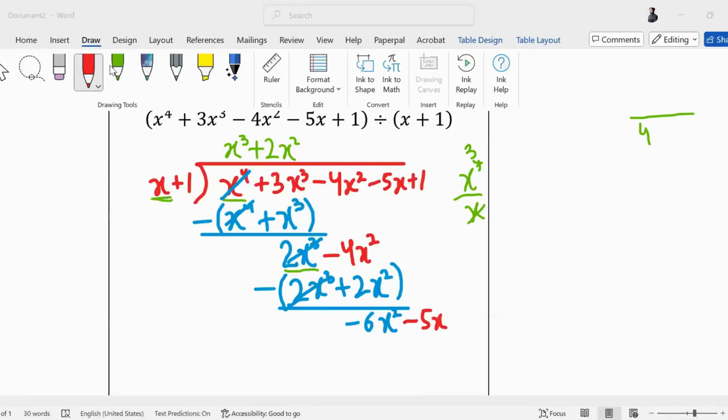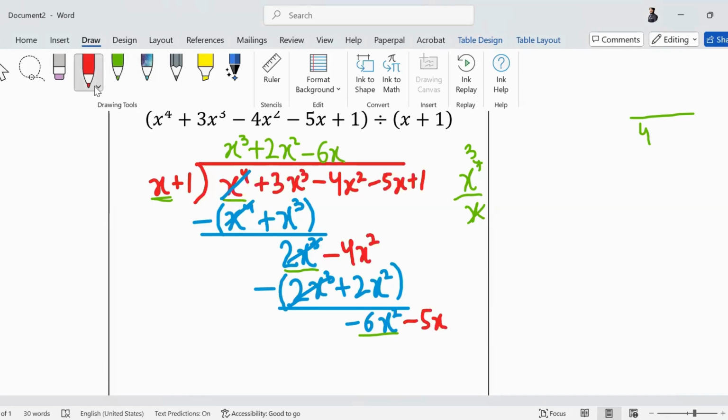Again, focus on the highest powers of x and minus 6x squared. What do I multiply this x with in order to make it minus 6x squared? Very good. Minus 6. I told you sign is important.